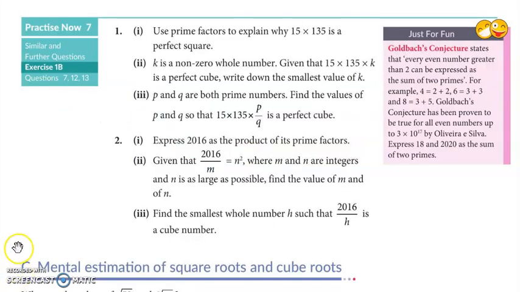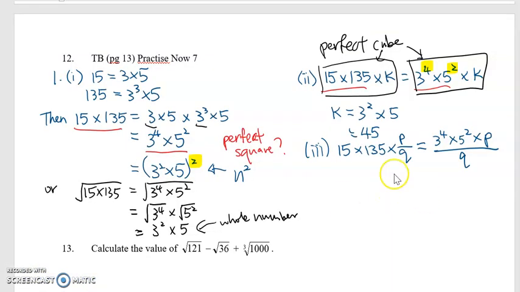For part 3, they say that P and Q are both prime numbers. They want us to find the values of P and Q so that 15 times 135 times P over Q is a perfect cube. If I write it out, it will be something like this.